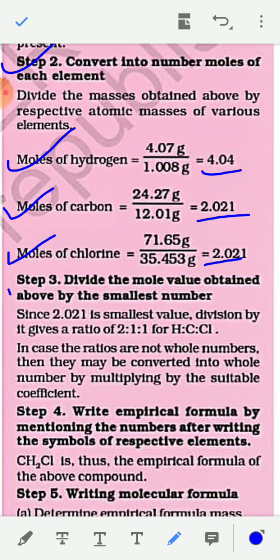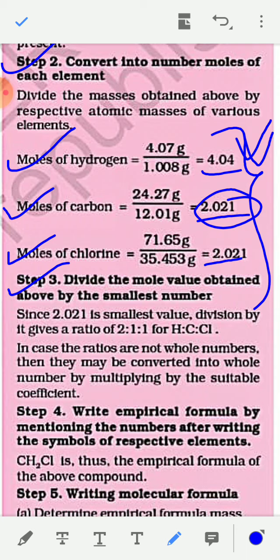Next step, divide the mole numbers obtained by the smallest number. Out of these three values, the smallest one is 2.021. So you have to divide all three values by 2.021 to get the simplest ratio. Since 2.021 is the smallest value, division by it gives a ratio of 2:1:1 for hydrogen, carbon and chlorine.